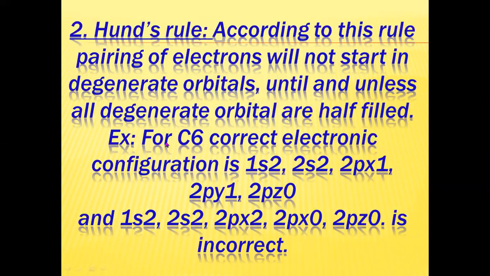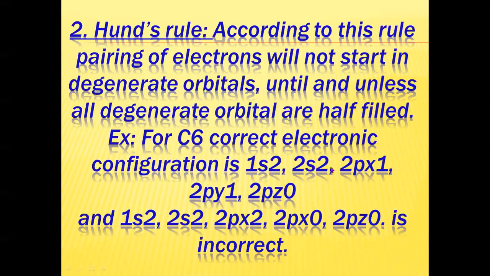For example, if we take carbon, the symbol of carbon is C, and 6 is the atomic number of carbon. The correct way to write the electronic configuration of carbon is 1s2, 2s2, 2p2. But in 2p2, we have 3 different orbitals, namely 2px, 2py, and 2pz. These are called degenerate orbitals, and they have to be half filled first.